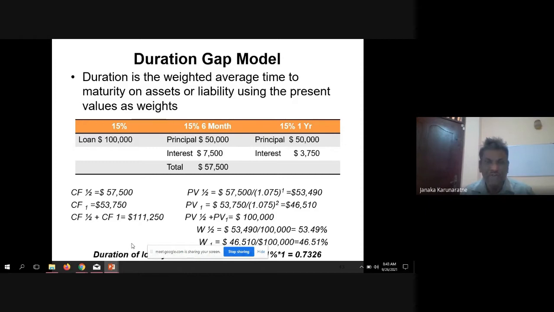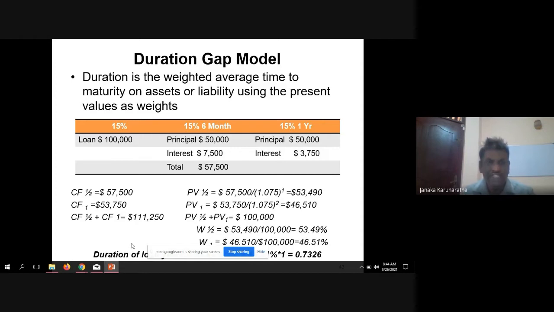So if you look at the first 50,000, the interest is 7,500, because 50,000 into 15% divided by 2, gives 7,500. And then for the balance 6 months, we have only 50,000 left. At 15%, your interest component for 6 months would be 3,750, right?